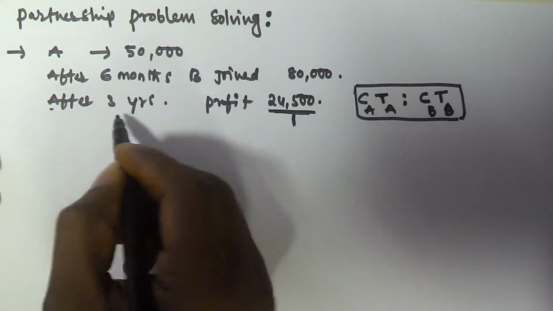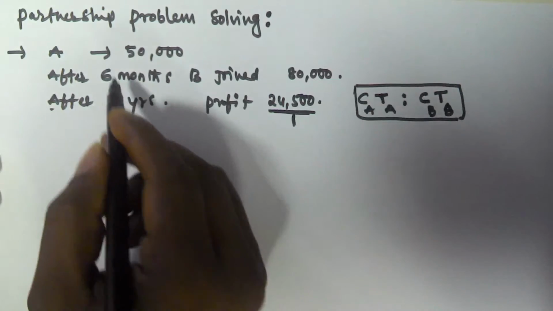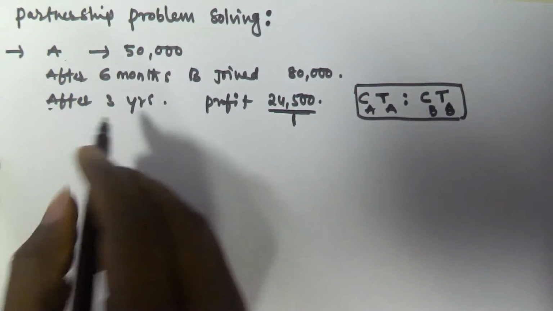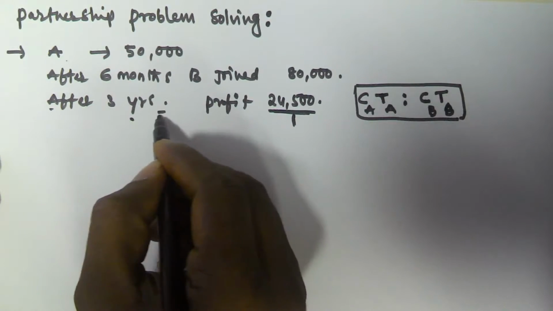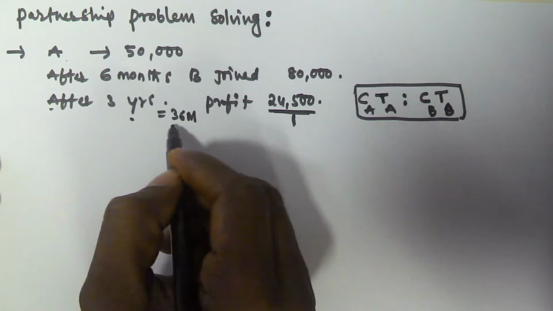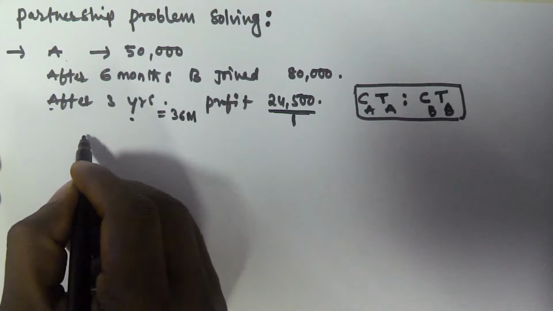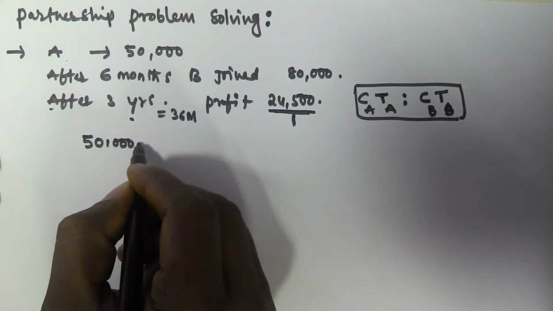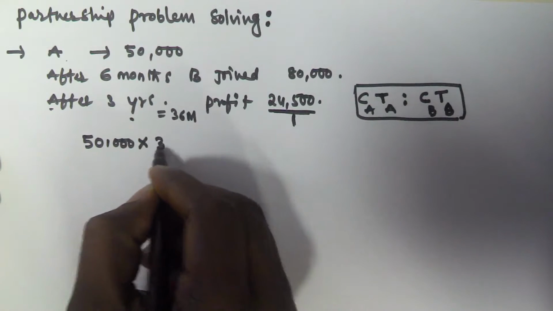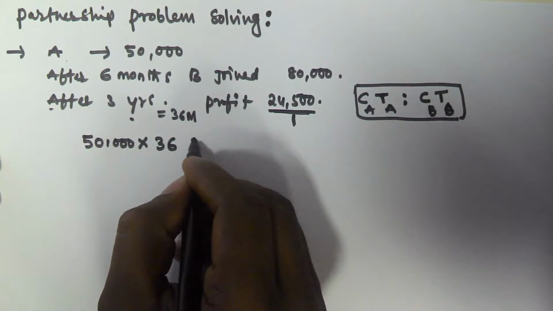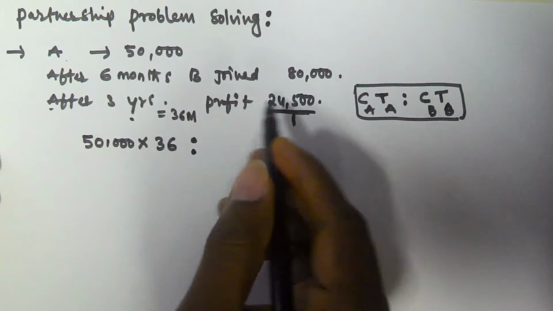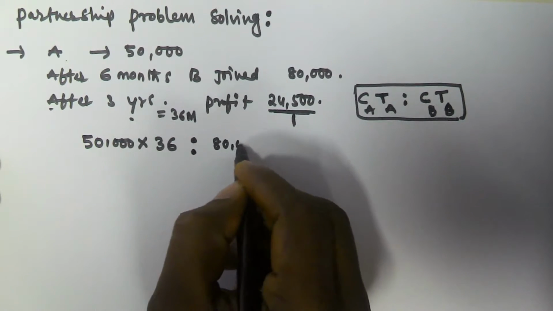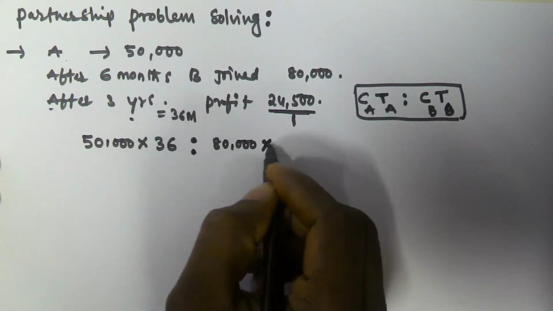This profit they got after 3 years, and A started the business. That means he invested 50,000 for all 3 years. So 3 years is equivalent to 36 months. So the ratio is 50,000, the capital invested by A, into the number of months he invested, 36, and the amount invested by B is 80,000 into the number of months he invested.